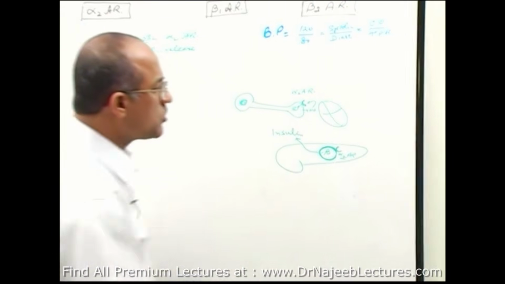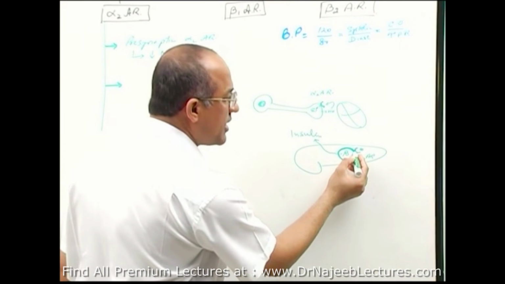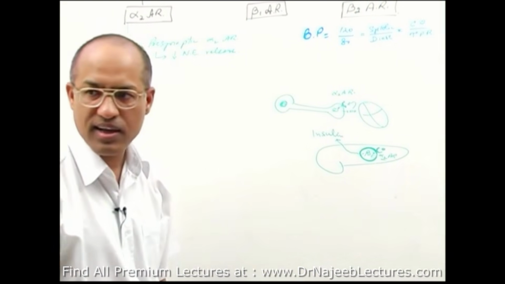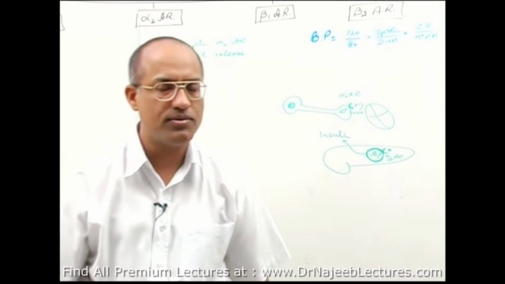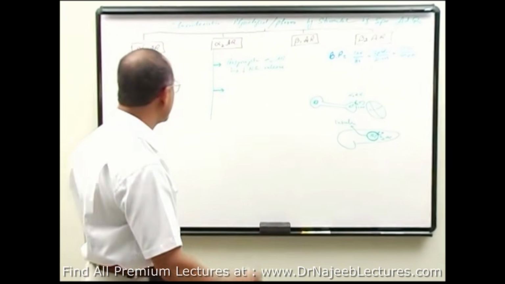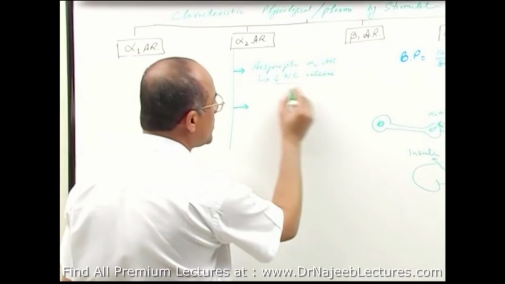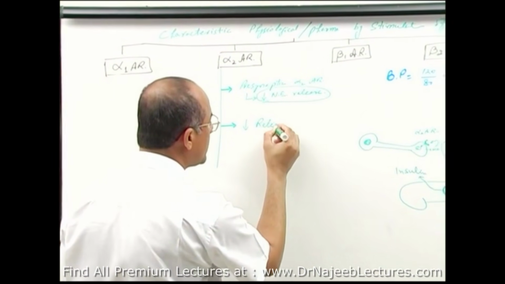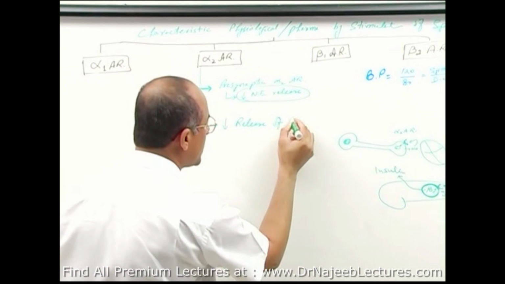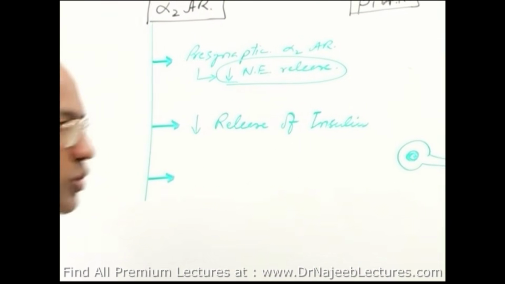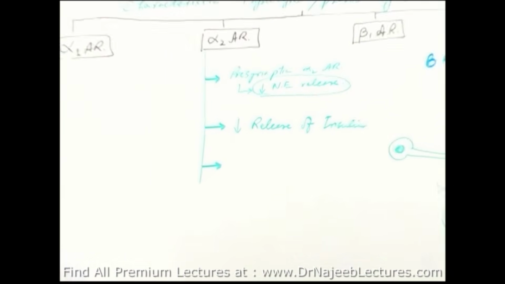So whenever these alpha 2 receptors are stimulated, they are again linked with G inhibitory protein intracellularly, and they inhibit the function of beta cells of pancreas, and insulin release is inhibited. So they reduce the release of norepinephrine, they also reduce the release of insulin, right? They reduce the release of insulin.